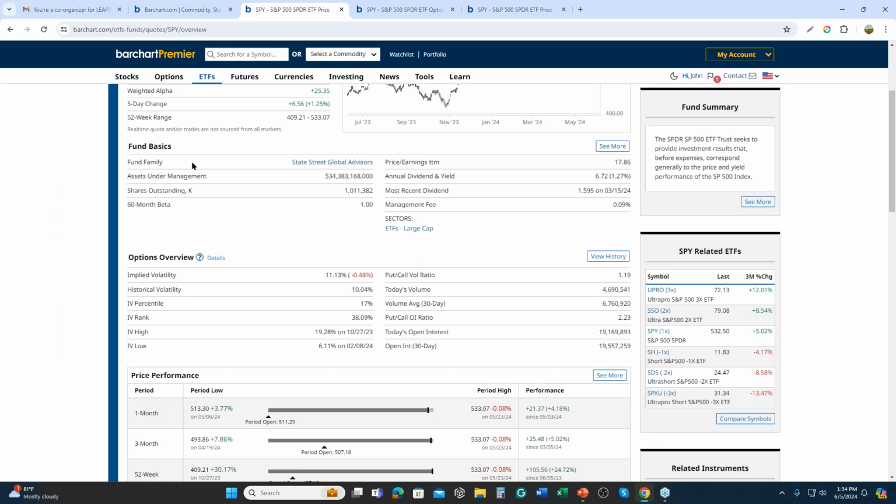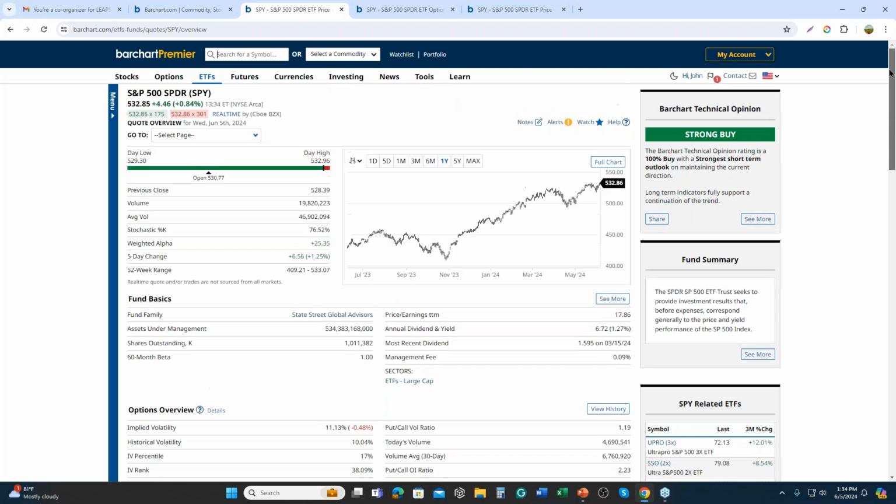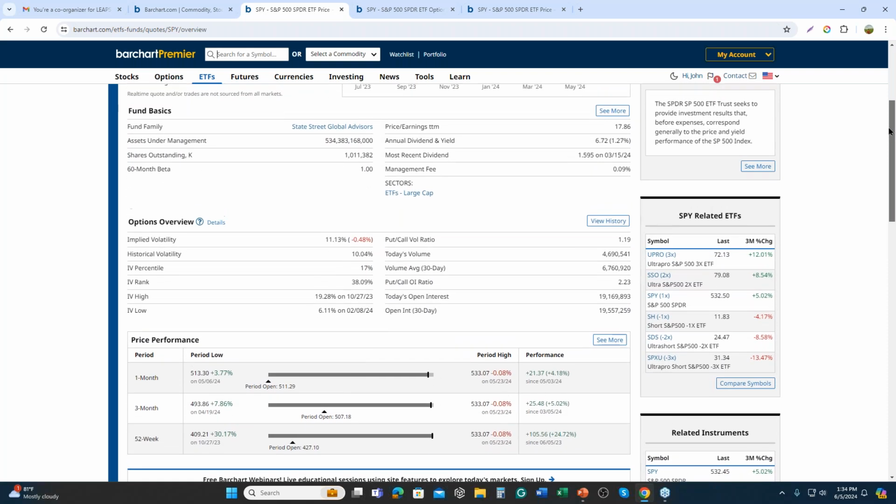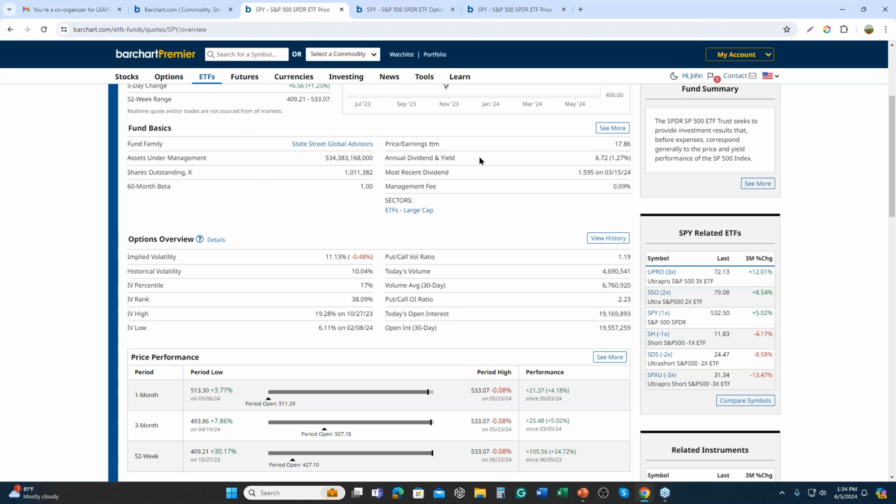So again, I'm back on the main page of the SPY, and just right here, you can see where I have my payout for my annual dividend. So you can see the dividend for the S&P SPY ETF is $6.72.